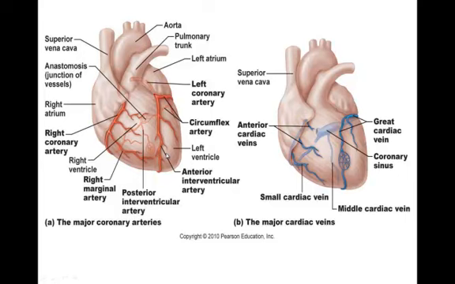They'll give that myocardium lots of oxygen, so the myocardium can actually contract and do its job. These arteries get smaller until they become capillaries, and those capillaries will become larger until they become these veins, and all the venous blood will drain into this coronary sinus, which dumps into that right atrium.